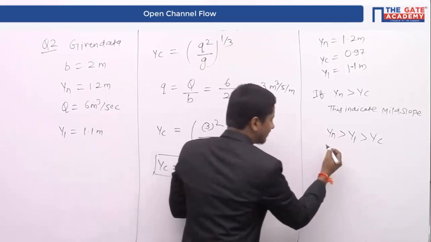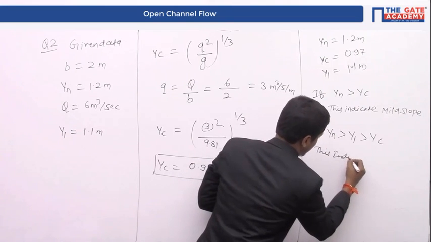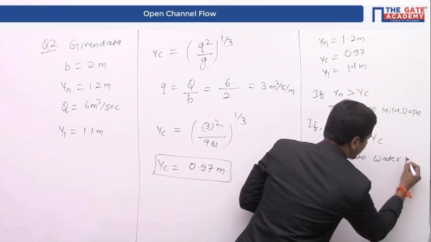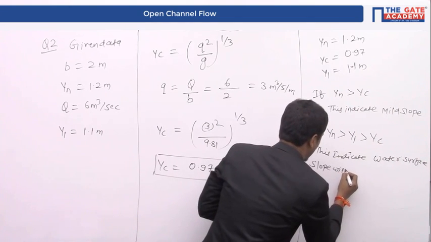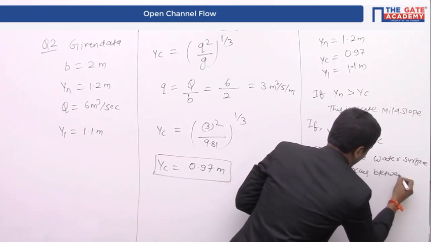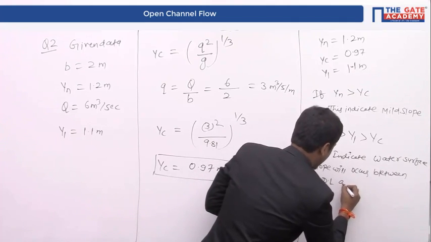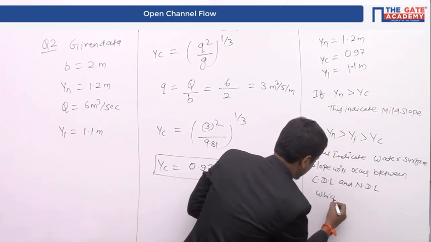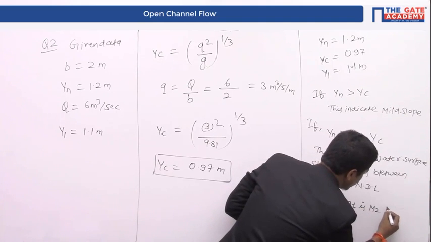So this indicates the water surface slope will occur between CDL, that is critical depth line, and NDL, that is normal depth line, which means it is M2 slope.